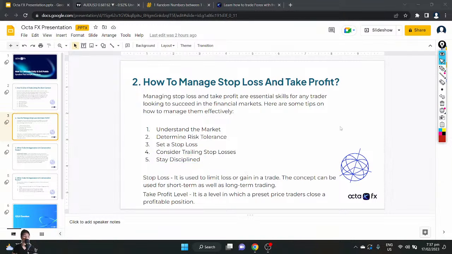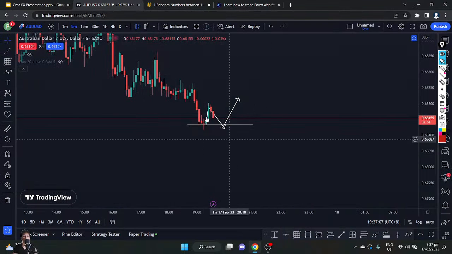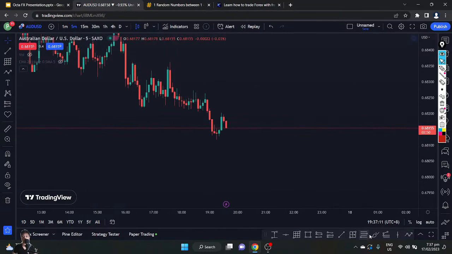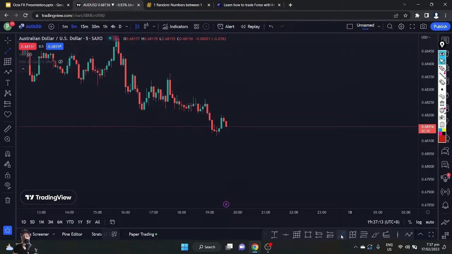We don't know what the price will do next. That's why it is very important to set a stop loss and to consider trailing your stop loss to enjoy much of your winners, because as we can see, it's happening right now, the one that we were talking about earlier.